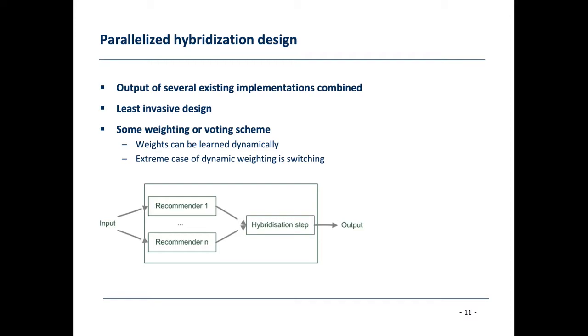So what we do is now we've got some kind of hybridization step where we are going to weight the individual recommenders which are provided, and now they receive the input directly.